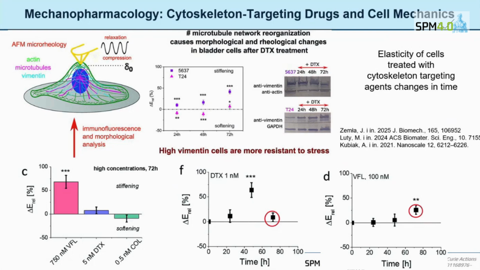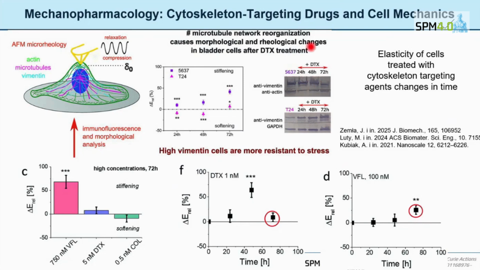Most of them which are used in clinics are targeting tubulin. There are also chemicals that target actin, but they are not applied for treatment because there's a lot of actin in healthy cells as well. So we just want to kill the pathological ones.